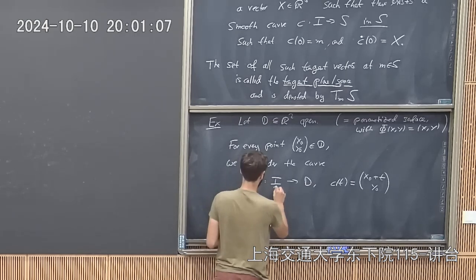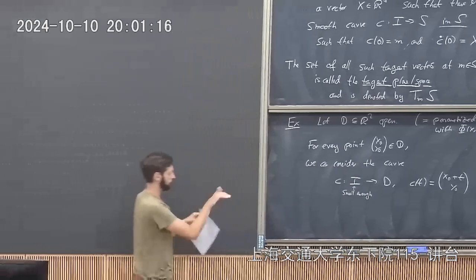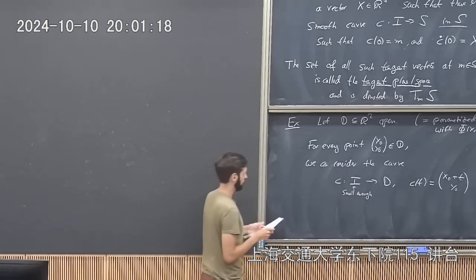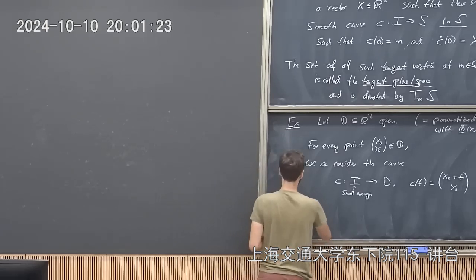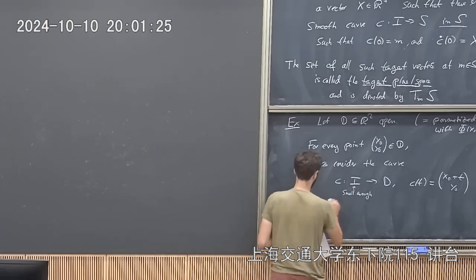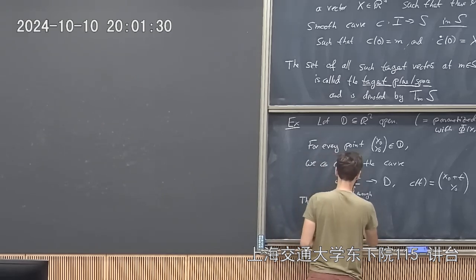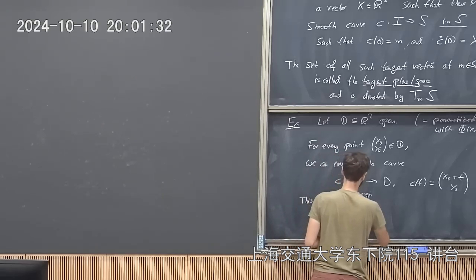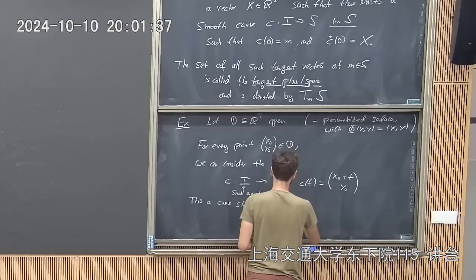The interval has to be small enough so that I don't get out of D at some point. Starting at t equals 0, we just get our point back.